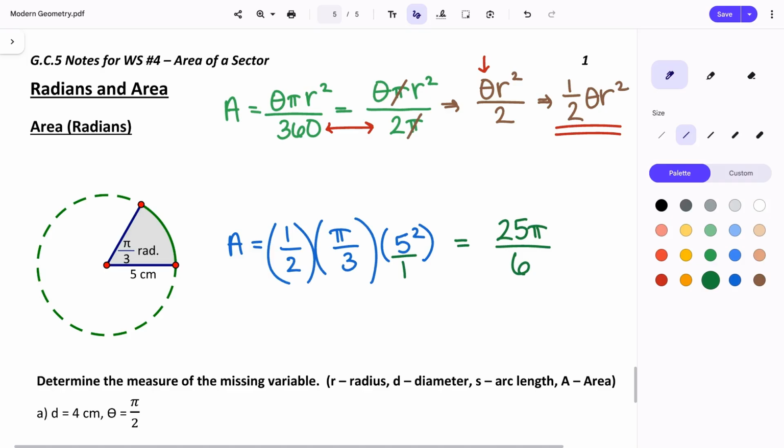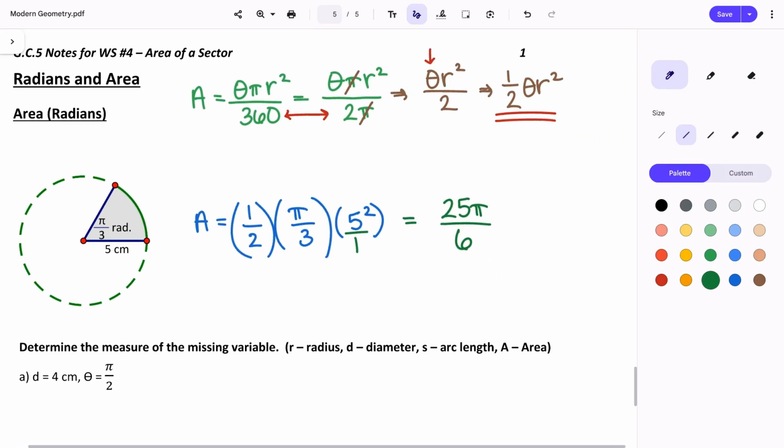So if you have a calculator, and if you don't, go grab one. But I want you to take 25 times pi, and you can use the pi button on your calculator, or you can just use 3.14 and then divide by 6. And let's round this to the nearest tenth. So go ahead and type that in.